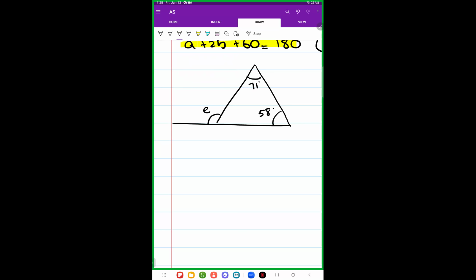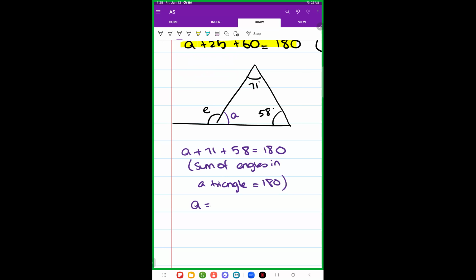So I can label this angle as, for example, A. And I can write A plus 71 plus 58 is equal to 180. And I can write sum of angles in a triangle is equal to 180. Now you find out A. What is A coming out to be? 51.